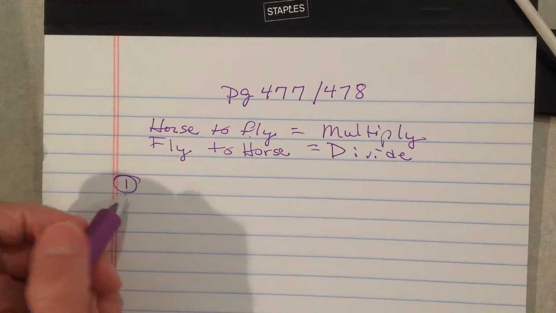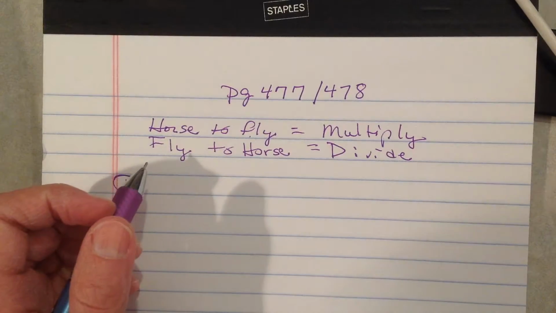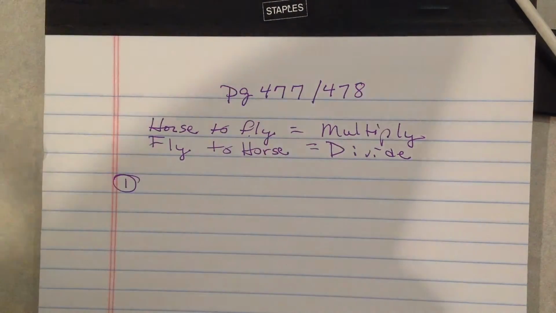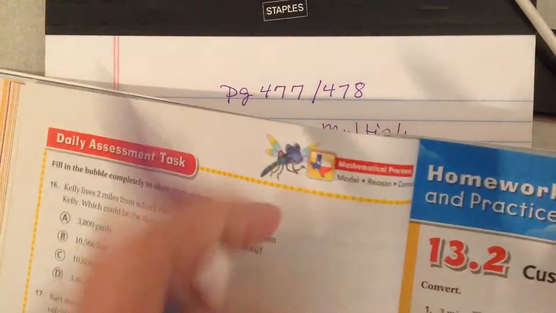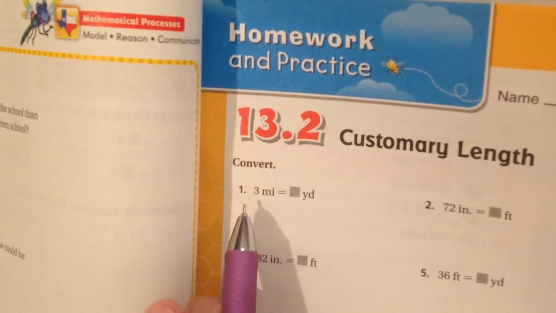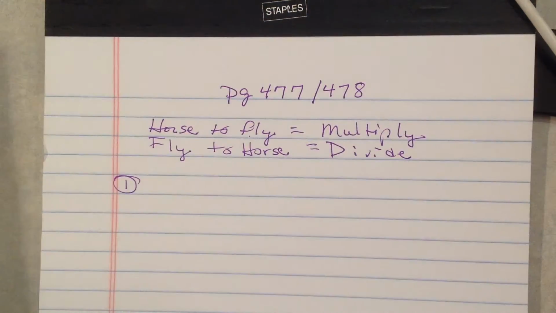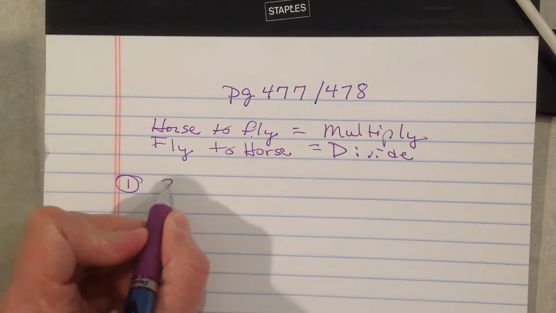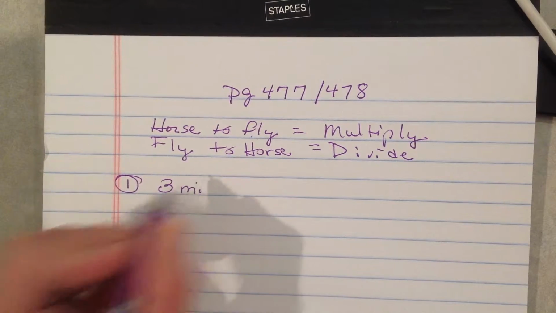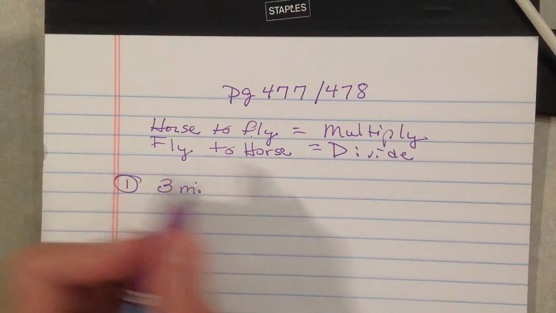The problem is right here. Sorry, you can't see that. 3 miles equals how many yards? MI is the abbreviation for miles.